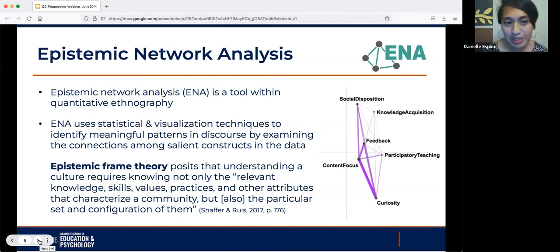ENA creates visualizations or models of the connections between constructs in the data. This helps us gain insights on patterns in the discourse or the text that we aren't necessarily able to capture from just a thematic analysis. And it builds off of the idea of epistemic frame theory, which is also cited in the book.